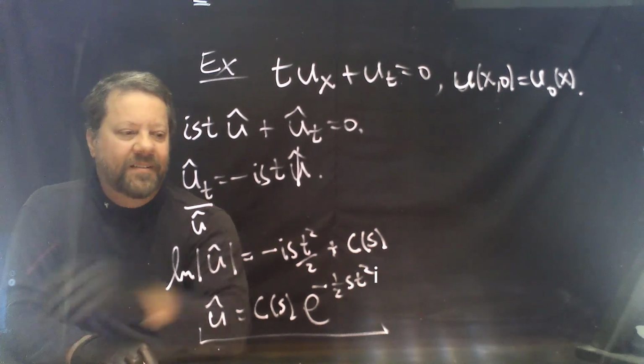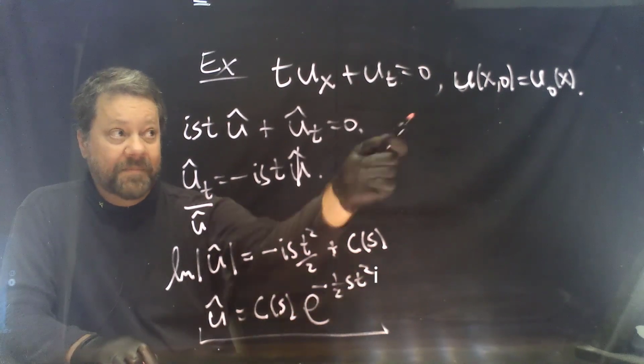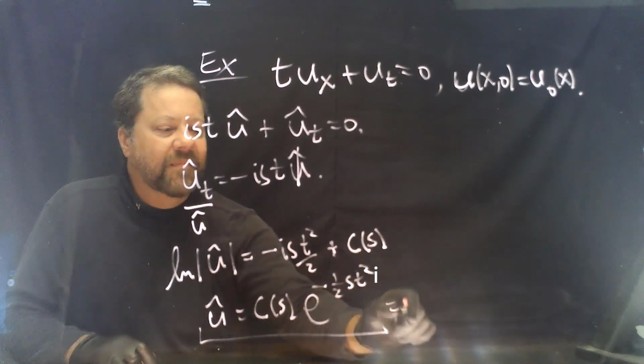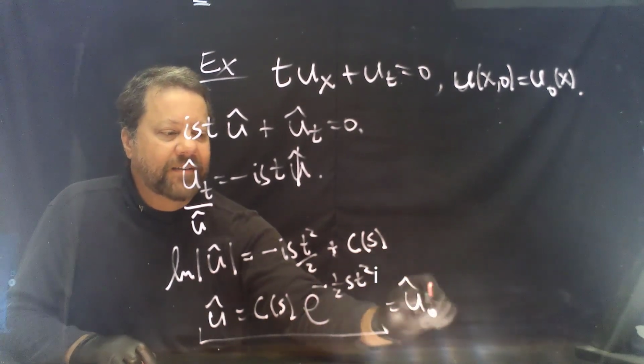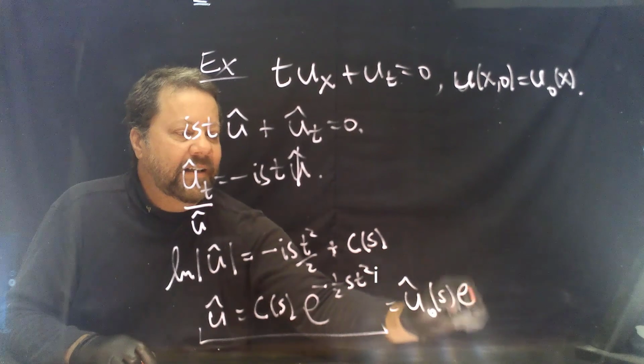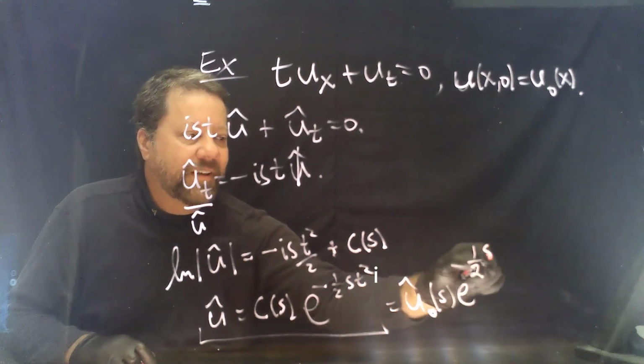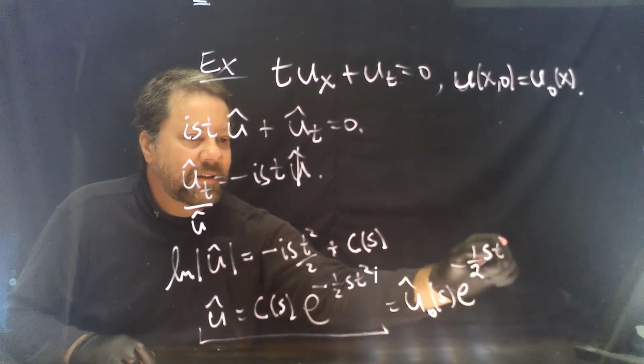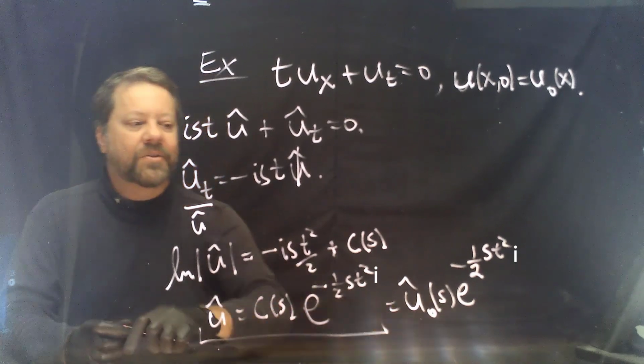Of course, applying the initial data, we'll get u hat naught of s e to the minus 1/2 ist squared as the solution.